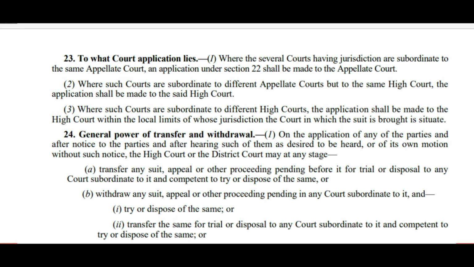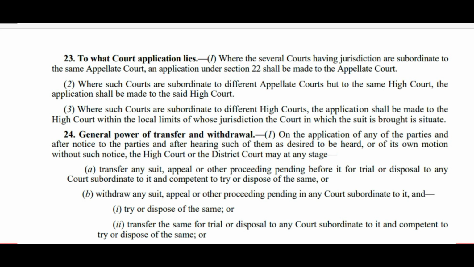Let us move to 23 subclause 2. Imagine there are two appellate courts A and B. These are two different appellate courts, and under A you have C and D, two subordinate courts, and under B you have E and F, two subordinate courts.